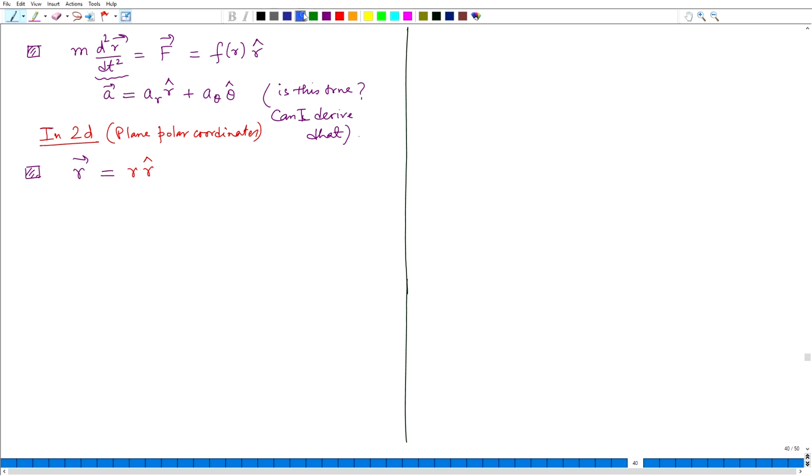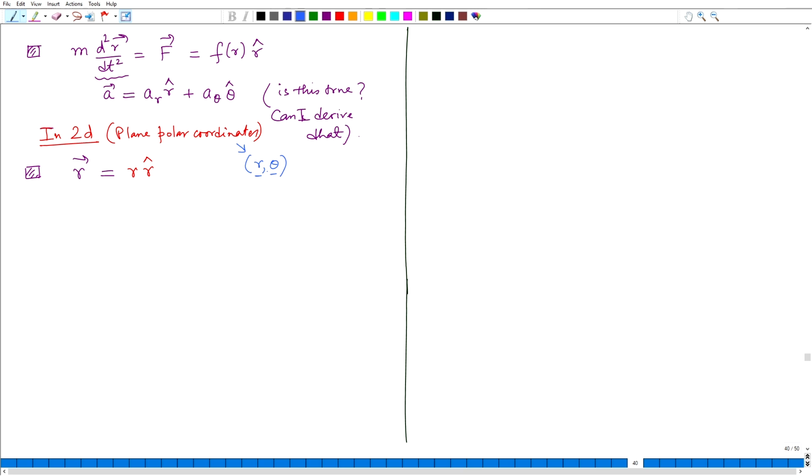This is the definition of the r vector. Since this is plane polar coordinates, the only meaningful variables are r and theta. So, if any vector changes, it should change due to these two coordinates, r and theta.